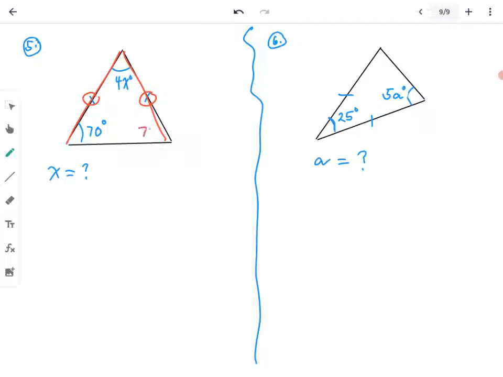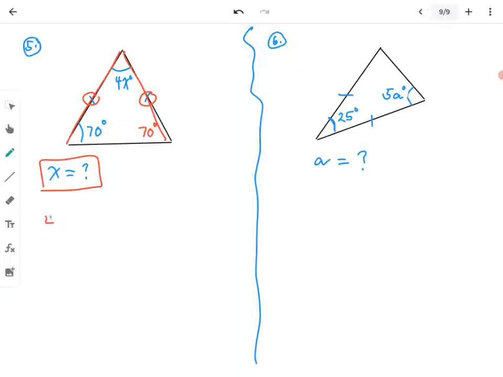So we are looking for x. It's important that we know this angle so that we can create an equation in order for us to solve for x. We know that angle by the idea that this is an isosceles triangle, meaning the angles opposite to the equal sides are also equal.